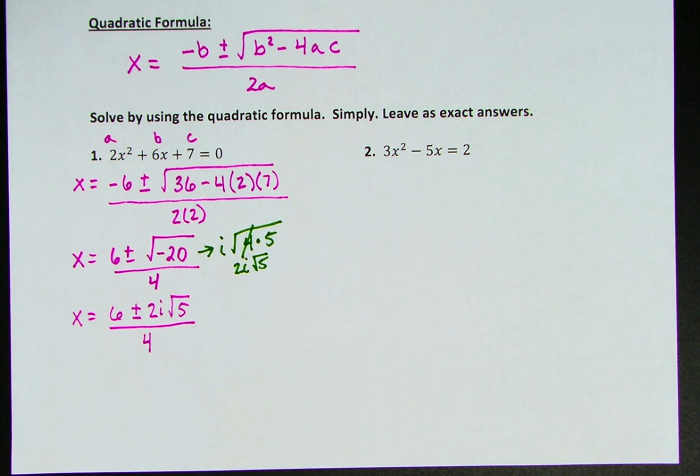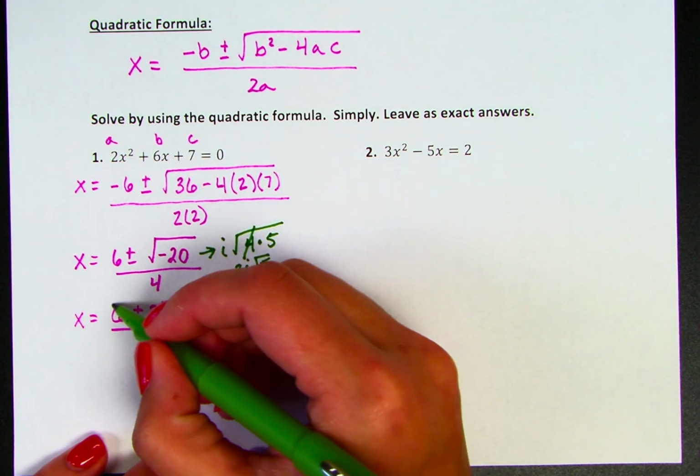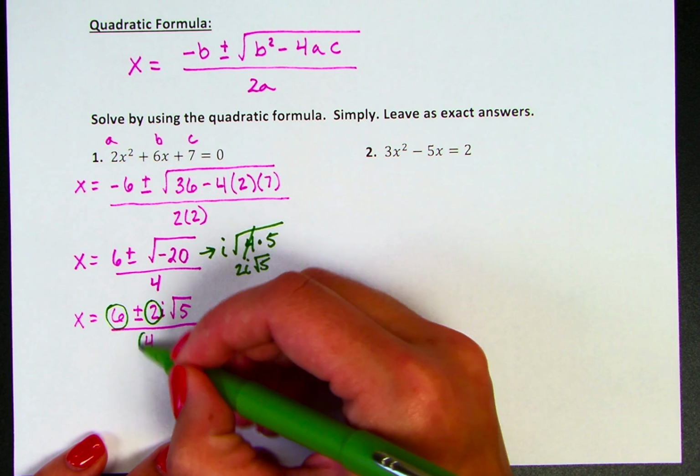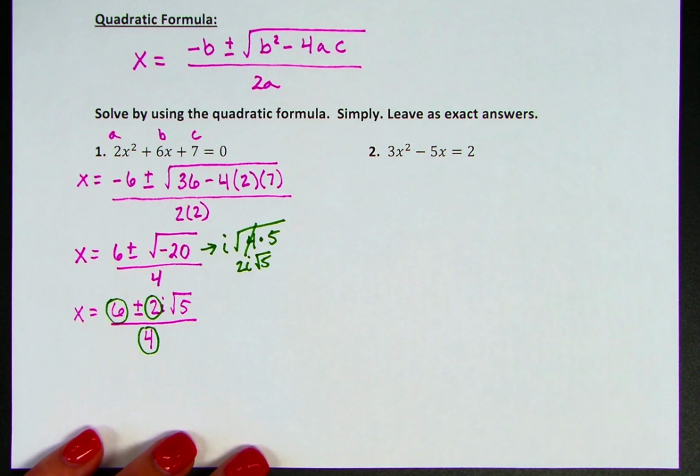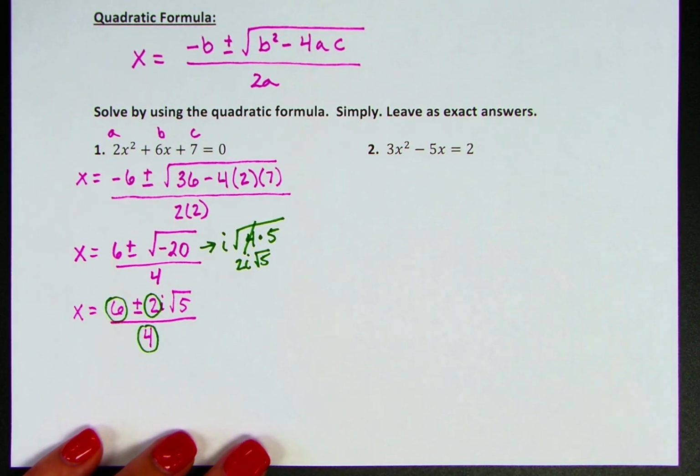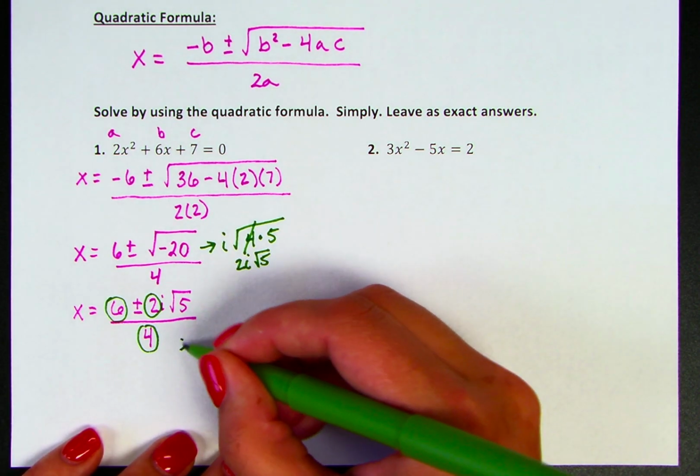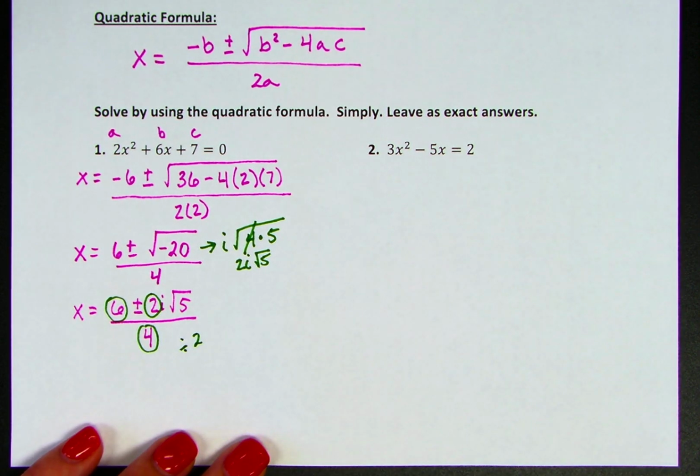So we're looking at all the numbers on the outside, so the 6, the 2, and the 4, and deciding if we can divide them by the same number. So if we can, then we divide each of those by that number. So these are all divisible by 2. And then if we can't divide them by the same thing, at this point we would be done.